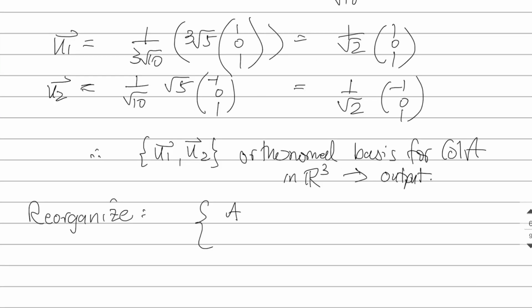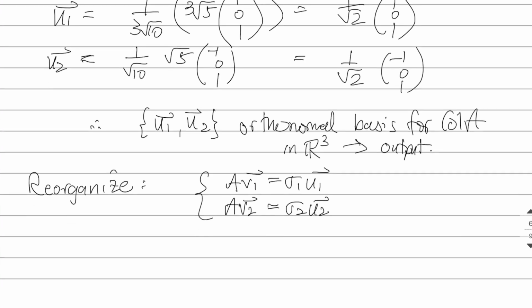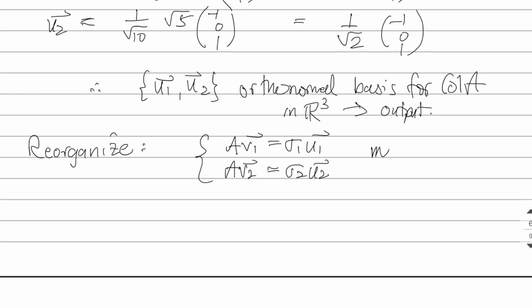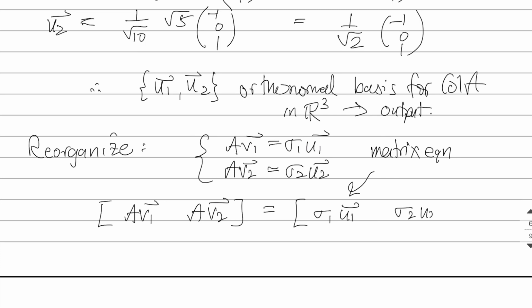If you take a look at it, we have AV1 is sigma 1 times U1, and AV2 is sigma 2 times U2. This was the result of those output vectors. So we're going to put this as a matrix equation. When I put this as a matrix equation, the first equation is the first component, the second equation is the second component, and this is going to be sigma 1 U1, sigma 2 U2.